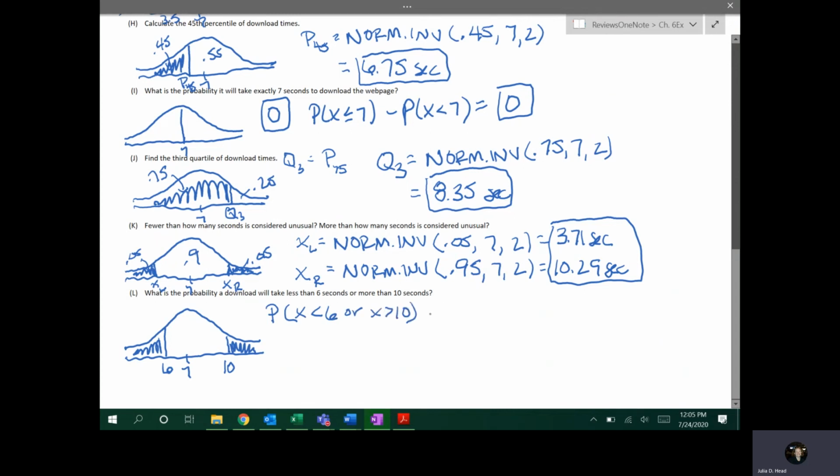And we talked in the previous section that you're going to use the addition principle, since they are mutually exclusive.